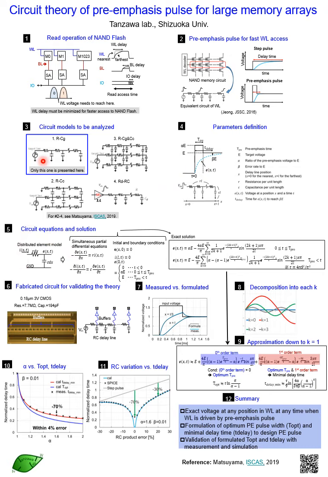So in this model, you just pick up one element like this, with current and voltage I and E. You will have two partial differential equations here, and here are the initial and boundary conditions.